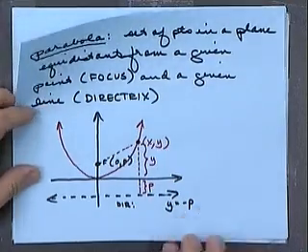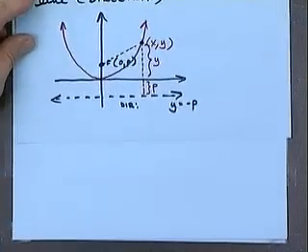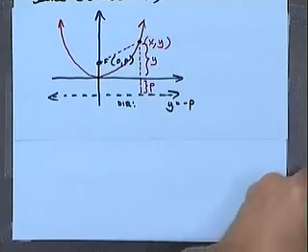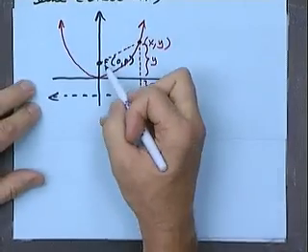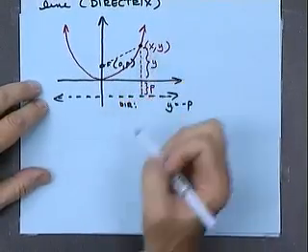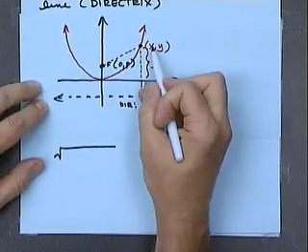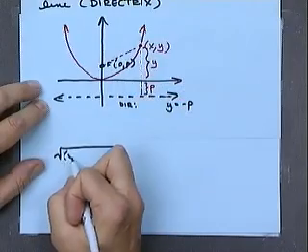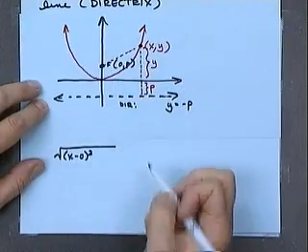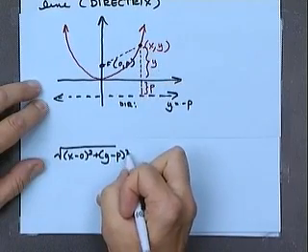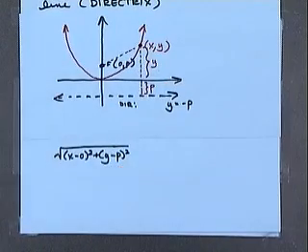So we want to come up with an equation. The distance from the focus to the point: we've got a distance formula for that. So that would be the square root of (x minus 0) squared plus (y minus p) squared. Does that look like the distance from the point on the parabola to the focus?